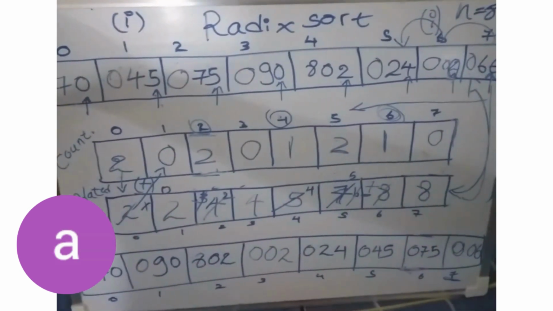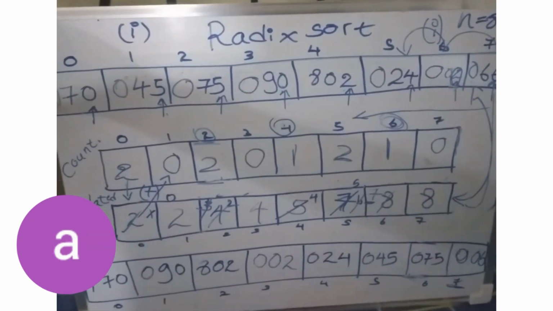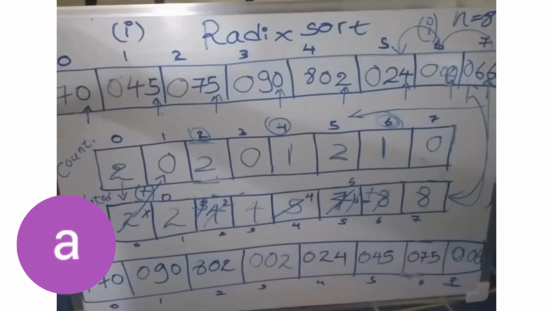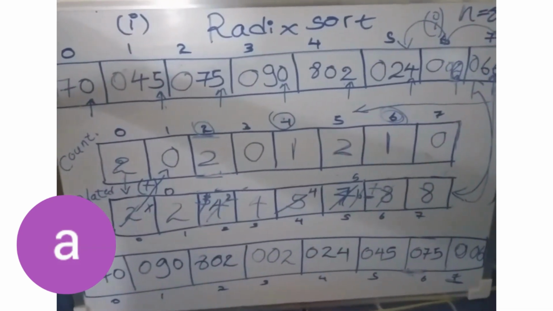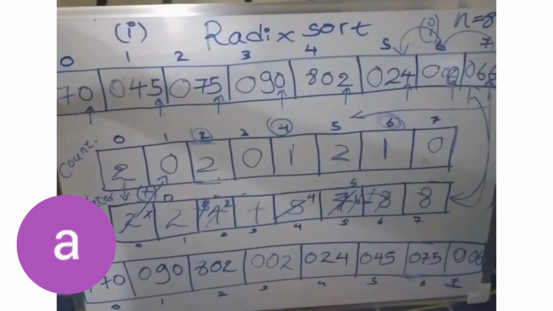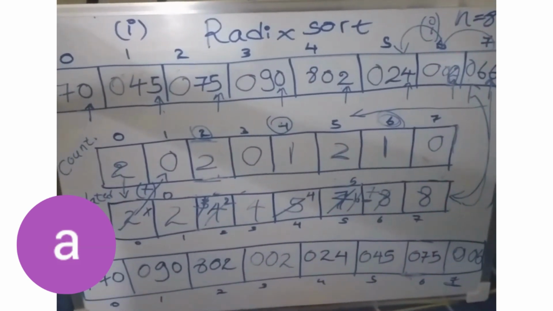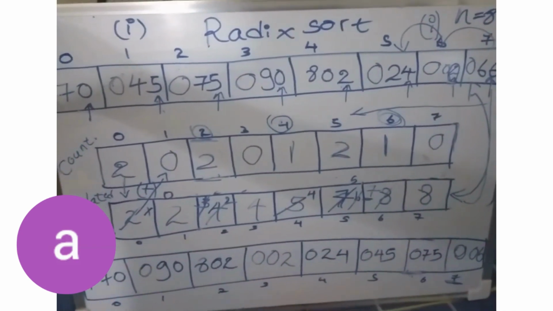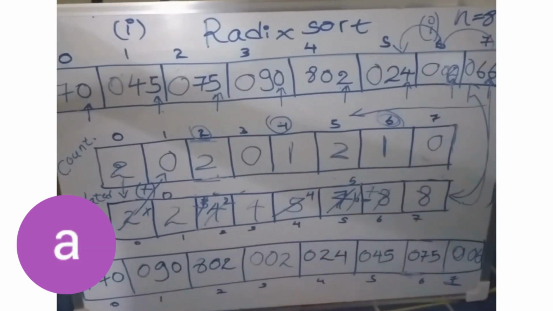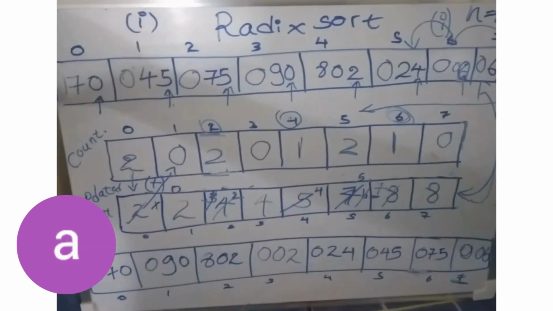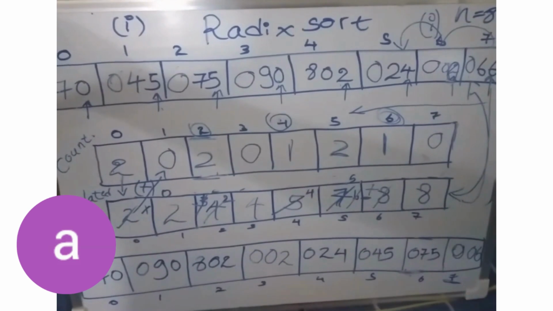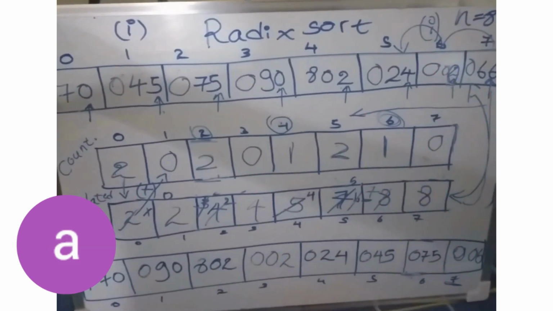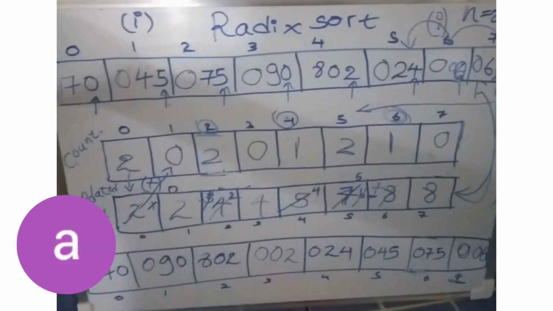So this is the final way of completing the first place of the array. We are counting for the first place. Okay. Next we have to find the count for the 10th place.